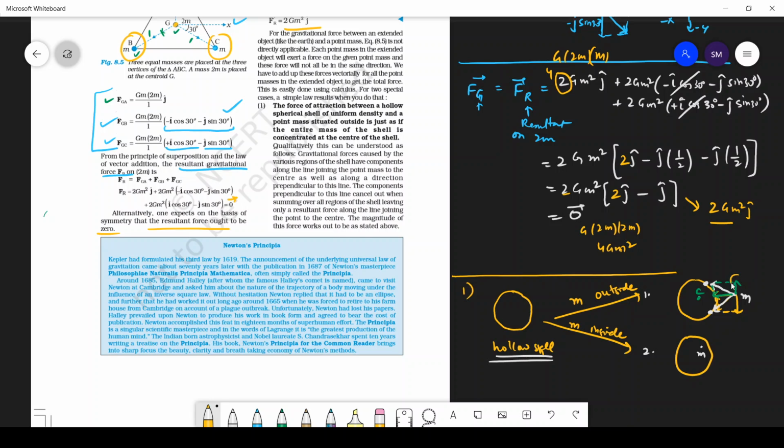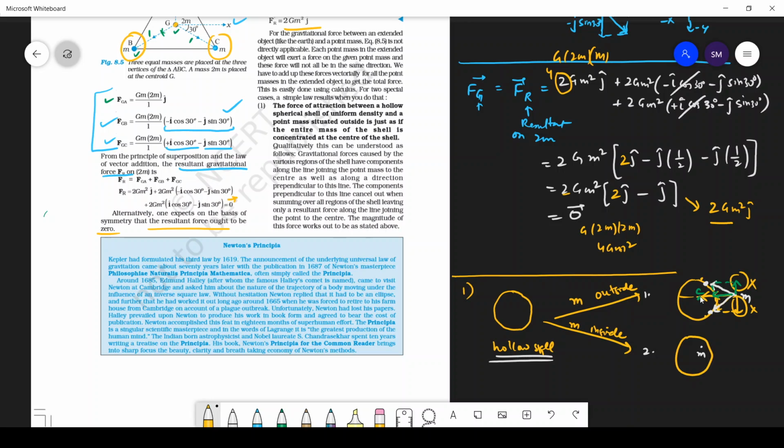So you can see that these are equal and opposite, because these are symmetric points. So these two forces, equal and opposite, will cancel out. So we are left with only one force, that is towards the center. Similarly for all the points, their perpendicular components will cancel out, and their horizontal components, which are towards the center, will be added up. So that is why the net force on m will be towards the center.